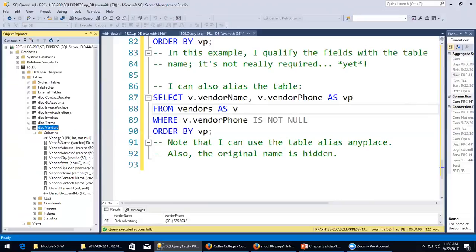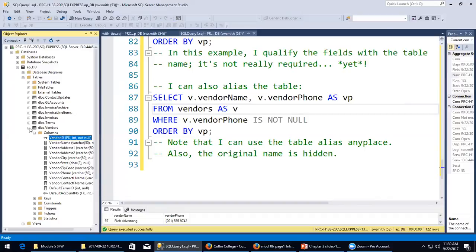I'm pointing to it with my mouse over there. What is the primary key? Oh, come on, you can see it. I'm pointing to it. Okay, you can't see it? Yes, it's vendor ID. The primary key of the vendors table is the vendor ID.